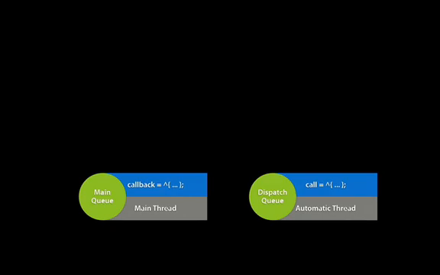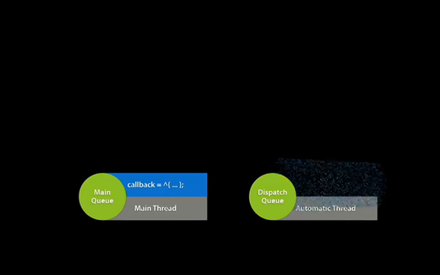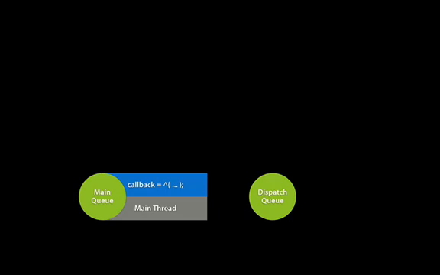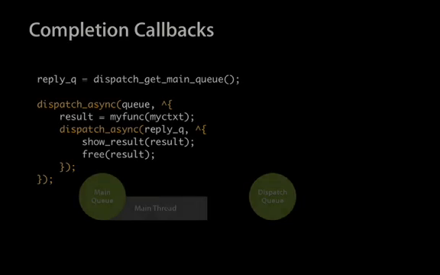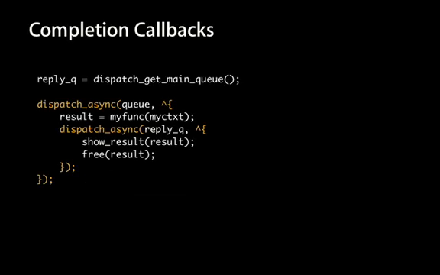So that's how you can get your results back from the asynchronous operations. When the call finishes, the callback block runs with the result, updates your UI or whatever it's doing, and then it finishes and everything returns to a steady state. And that can be done with a very small amount of code. All it requires is 2 dispatch asyncs. The first one is taking some queue that you've defined, we're naming it queue here, running a block in the background.